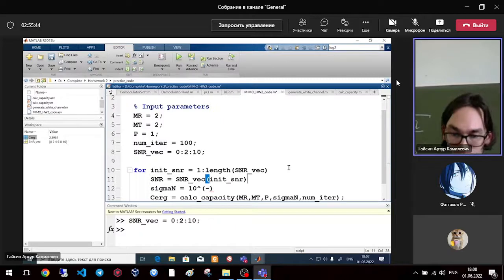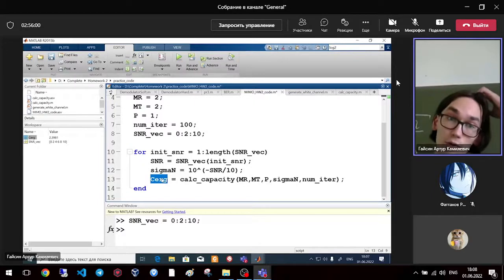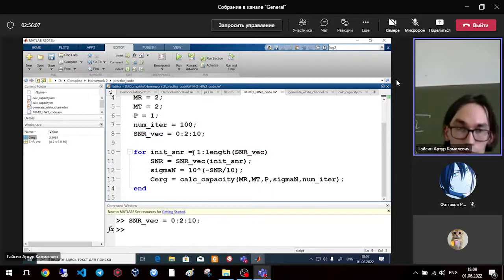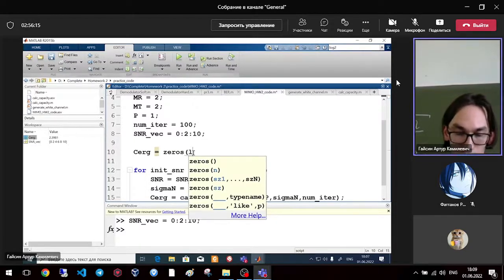So we first take the value of a signal to noise ratio, divide it by 10, and put this sigma n inside of this thing. And also we need to change this C ergodic by this length of the signal to noise ratio. So we should create outside of this loop the subspace. Maybe let's use length, or maybe we can use it as size.